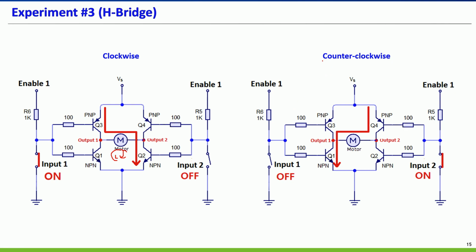And for the motor to rotate counterclockwise, you should turn off input 1 and turn on input 2, so the current flows through here to here. This is what we call an H-bridge. This is the proper way to drive the DC motor, usually using an H-bridge.